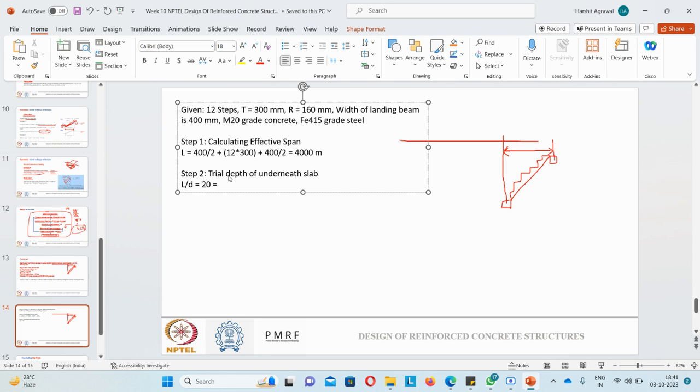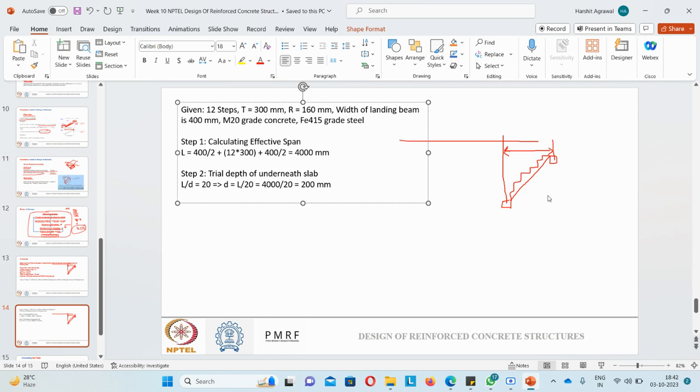So from this I will get my effective depth as L by 20, which is nothing but 4000 mm upon 20. So it is 200 mm. So 200 mm is my effective depth of the waist slab that is there beneath. Okay, so I'm assuming I'm providing a 200 mm effective depth.